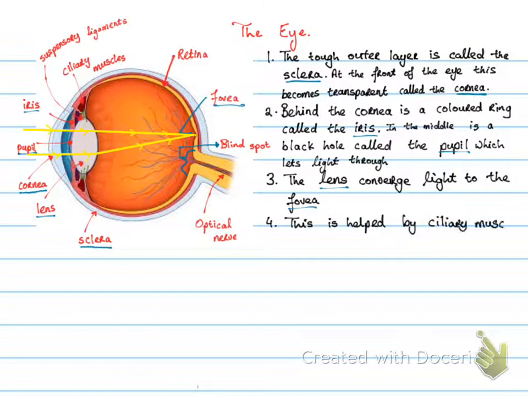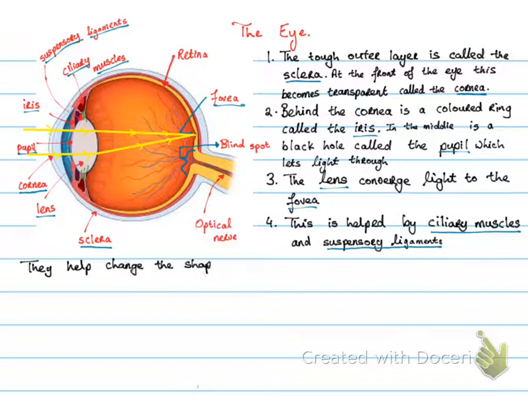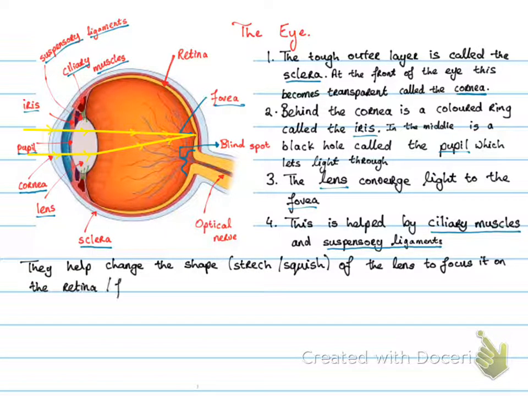This is held by ciliary muscles and suspensory ligaments, which control the shape of the lens, therefore adjusting its ability to focus. You want it particularly to hit the retina. The back of the eye is called the retina.